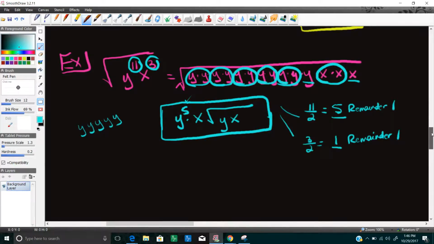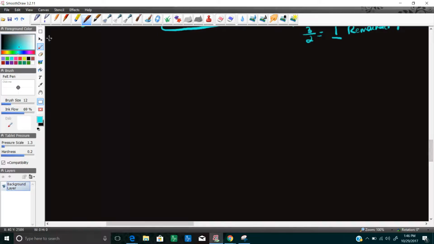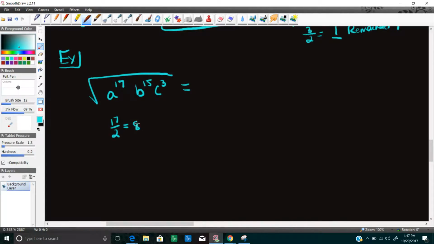So let's try this again with another example and see if you can do it this way. Okay? So let's say we have the square root of a to the 17th, b to the 15th, and c to the 3rd. So let's throw another one in there. Well, I know that 17 divided by 2 is going to give me 8, remainder 1.